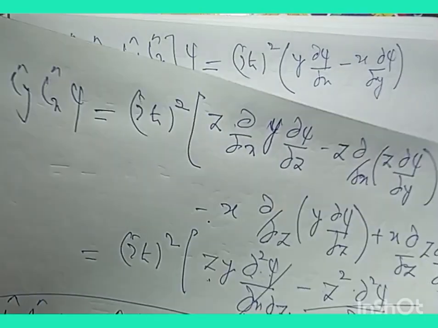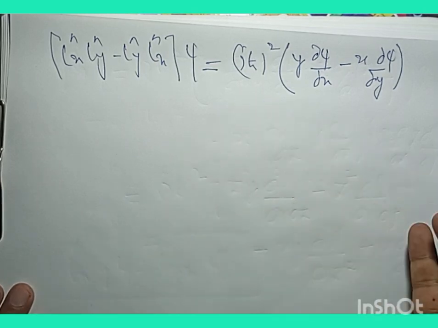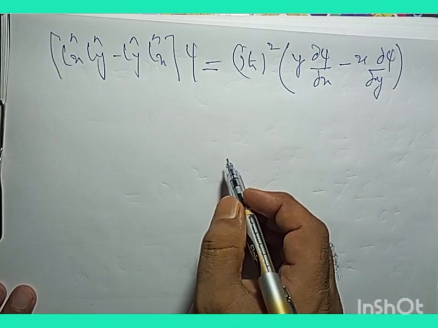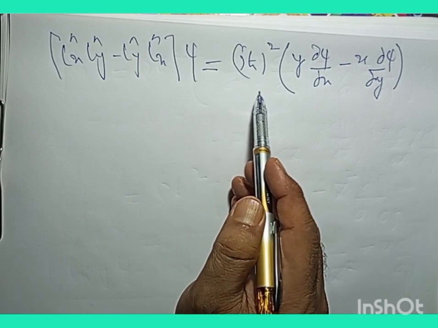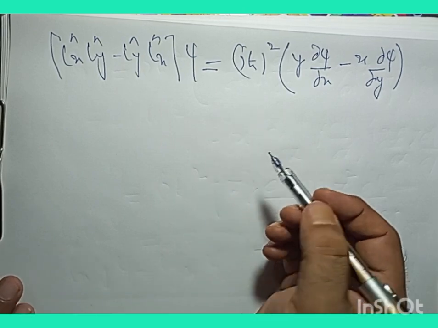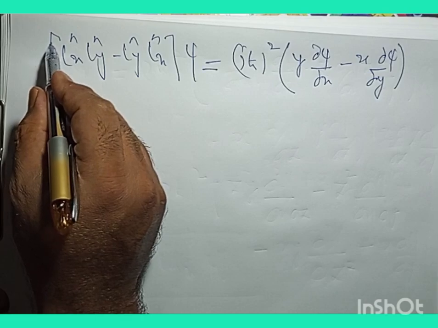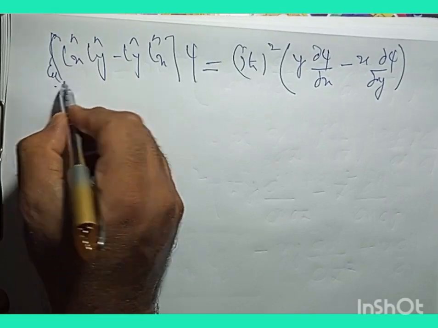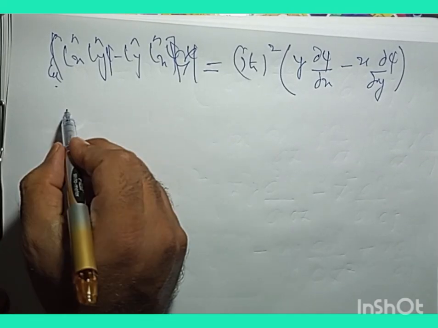I failed to be consistent here, but I think you can do it better than me. So on doing this, we obtain this relation, and we can write this as: this thing has ψ with it and that has ψ with it. So this thing is the commutator.